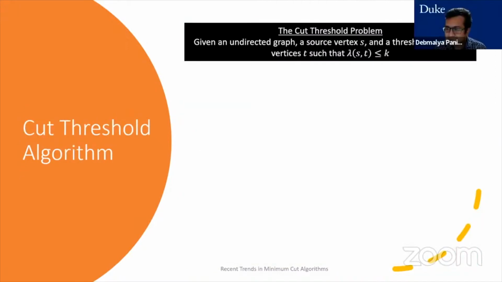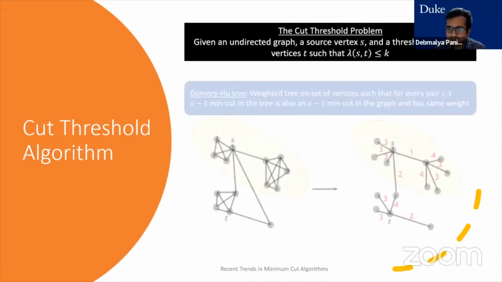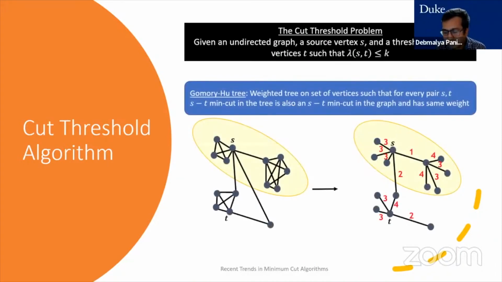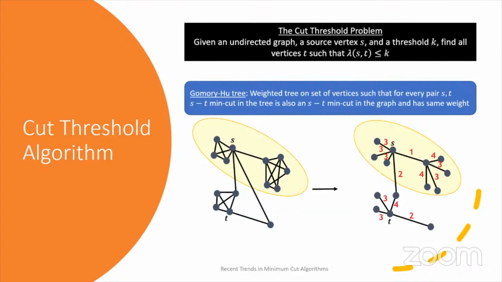All right, so let's see how we can hope to solve the cut threshold problem. For this, I need to go back to this 60-year-old algorithm of Gomory and Hu. I won't tell you what the algorithm is, but I'll tell you what they came up with using their algorithm. They came up with this idea of what's called a Gomory-Hu tree.